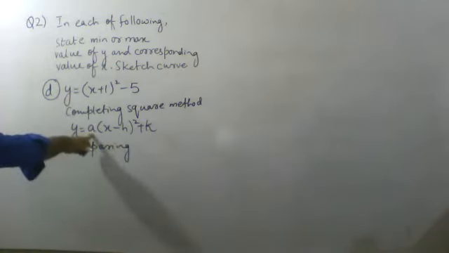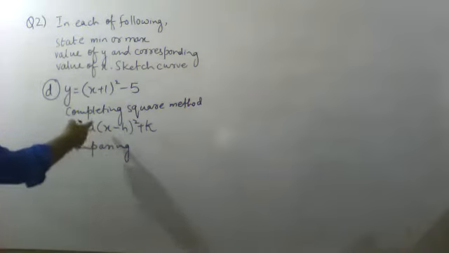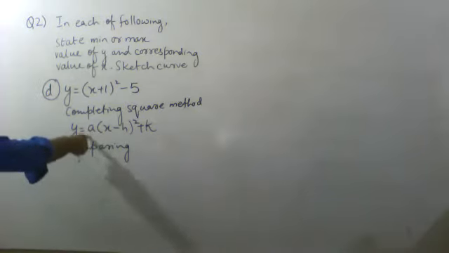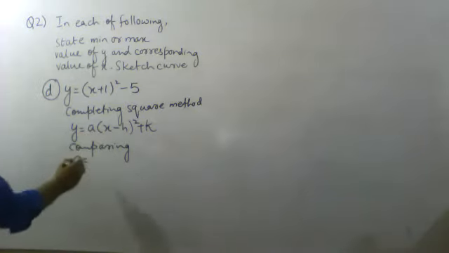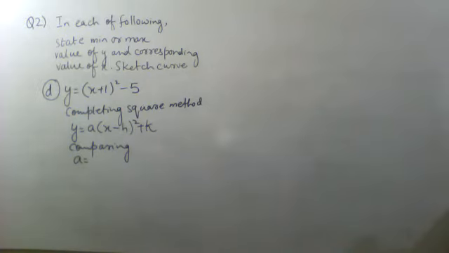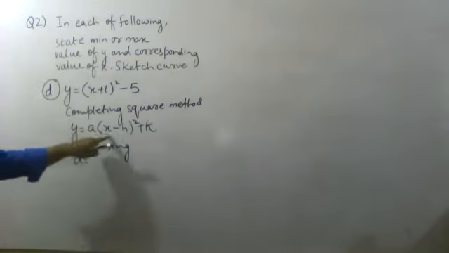First of all, a is the coefficient which is written outside the bracket. That is the value of a in the equation.